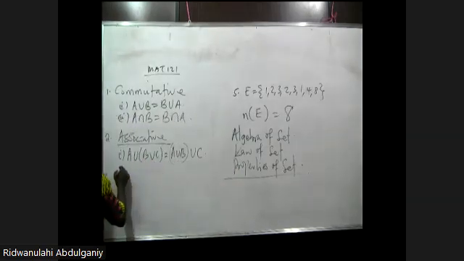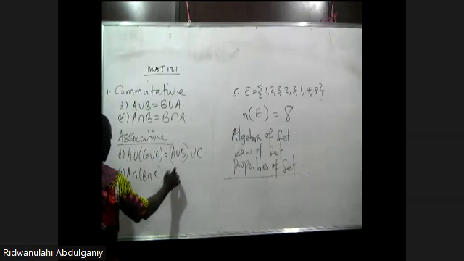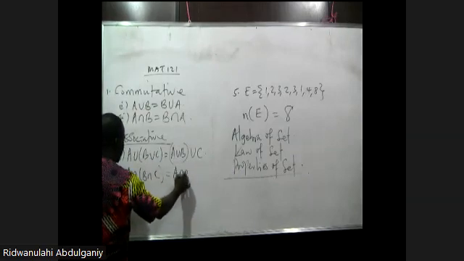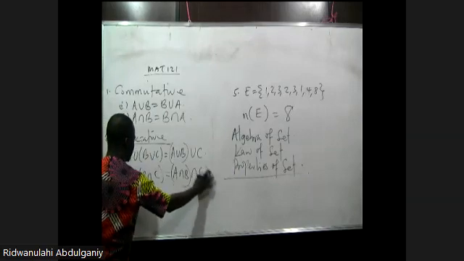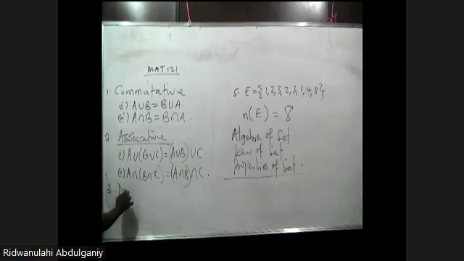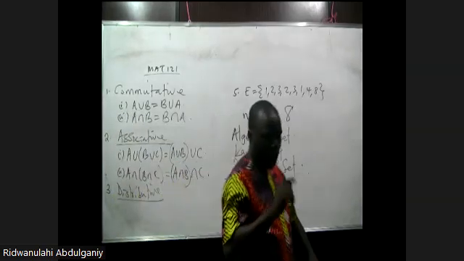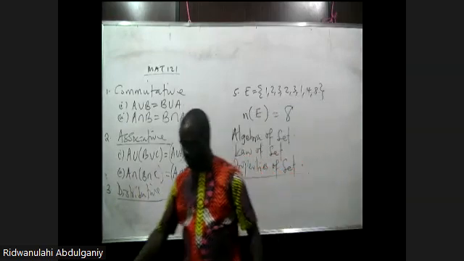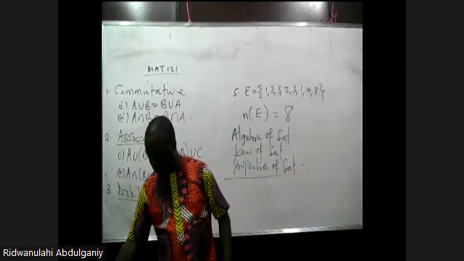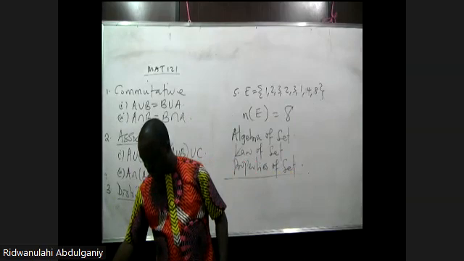And the second part, A intersection B intersection C is A intersection B intersection C. Let me take number 3, distributive. For the distributive, we must have 2 operations, such that one distributes over the second one. So let's look at how we write that together.